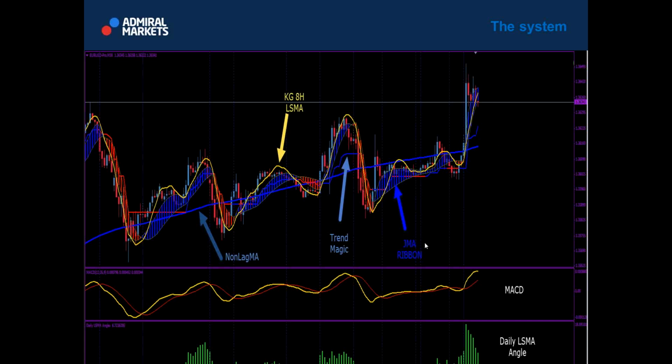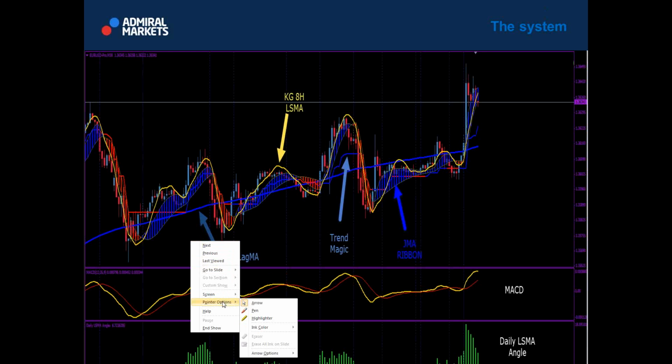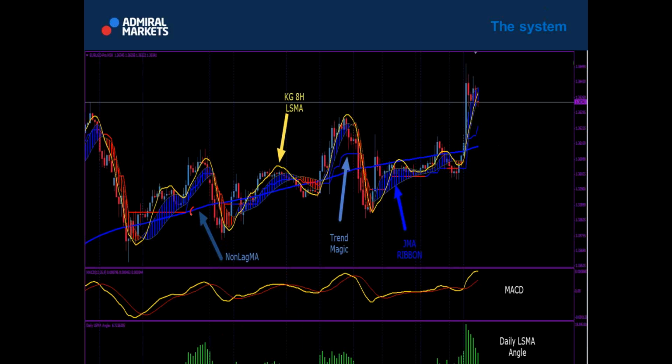This is how this system looks. Pay attention to it. This is the chart view of the system and the indicators it uses. This blue line is non-lag MA. I will explain later what is what. This yellow line is the 8-hour LSMA.